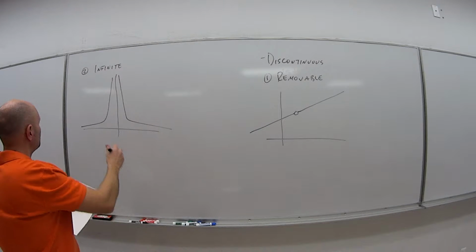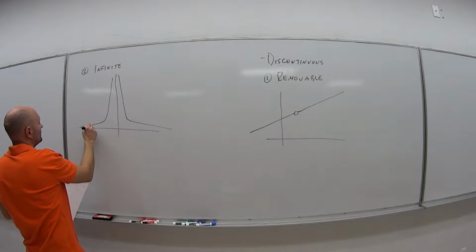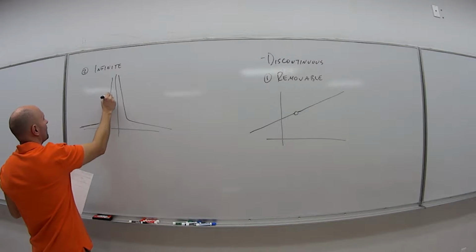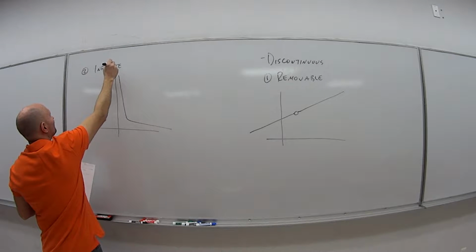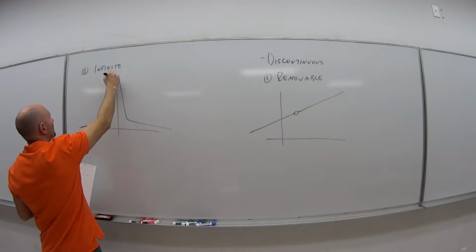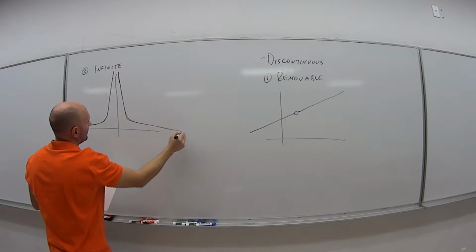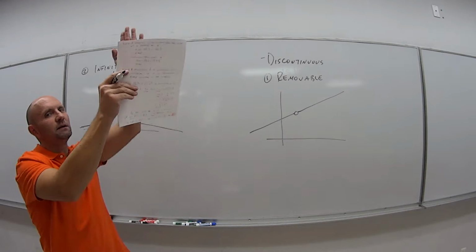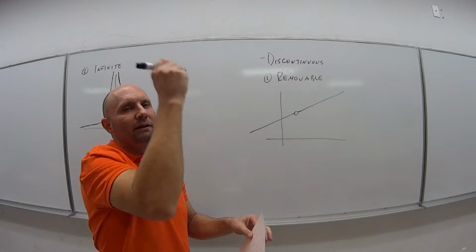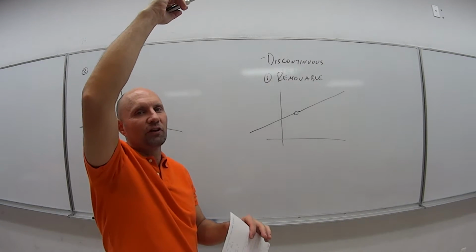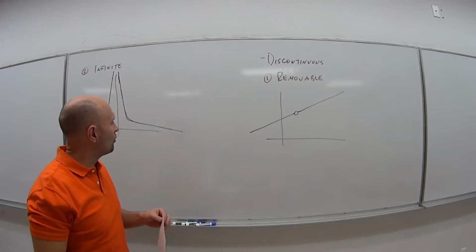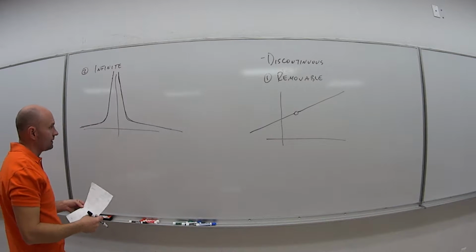So this one, from the left side, I can leave my pencil on the paper. It's not a problem. But as I get up to infinity, if I want to continue on this graph, I have to jump over the 0 line and then come back down. So this thing keeps going, and I can never really take my pencil off because it doesn't stop on one side, so there's no way to get to the other.